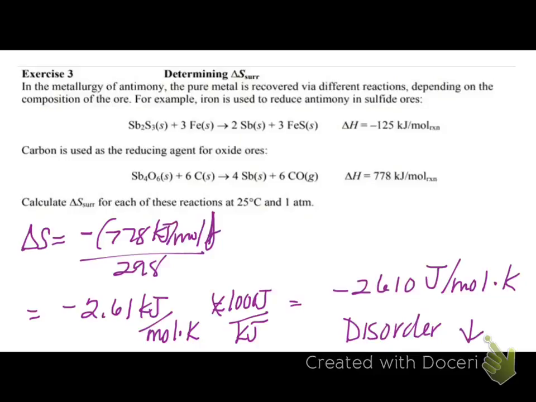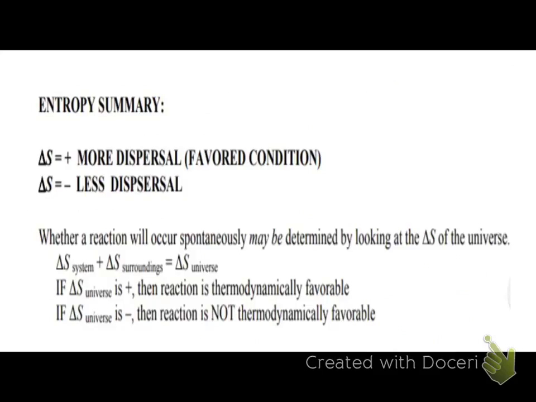Spread out. All right, so entropy summary, we already said that. Positive means more dispersal or more disorder, however you want to look at that. And delta S is less if it's negative, okay? Whether a reaction will occur spontaneously, or is thermodynamically favored, may be determined by looking at delta S of the universe.